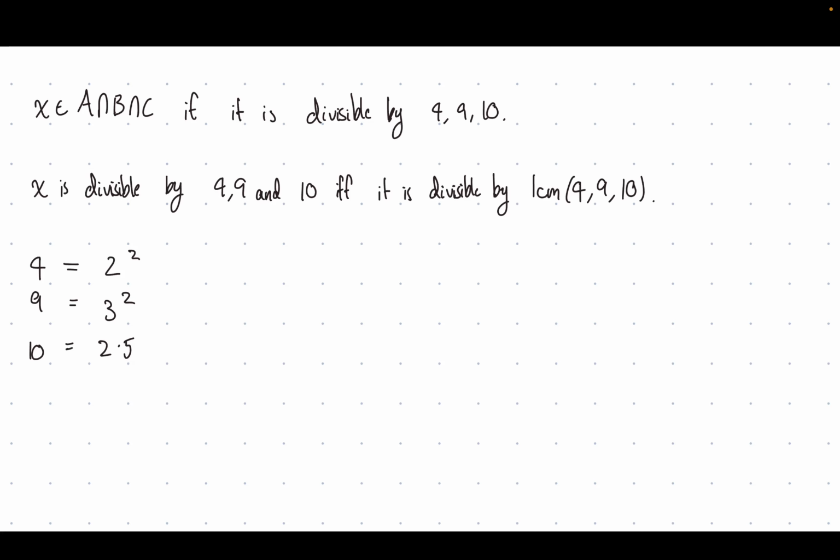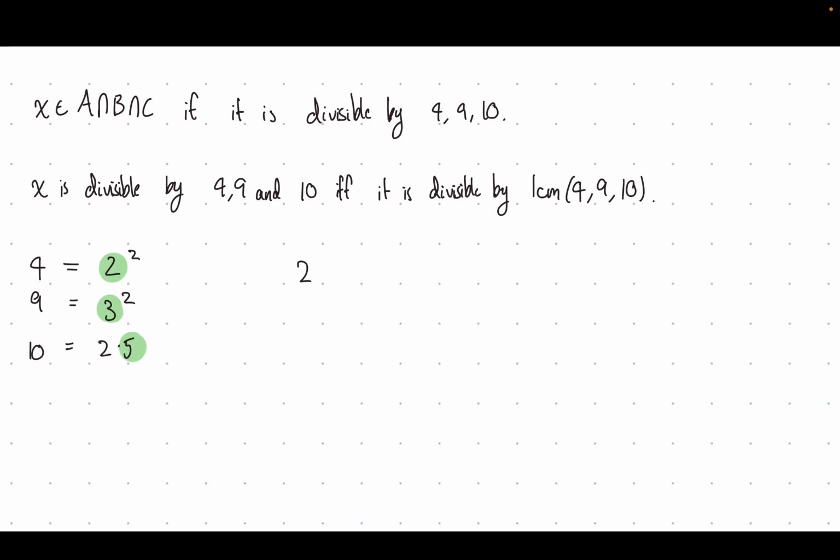And then you list out all the prime numbers that appear in this prime decomposition, or the prime factors of each, and you take their highest power. So here, I'm just going to highlight them with, sure, green is fine. There are 3 prime numbers, 2, 3, and 5.